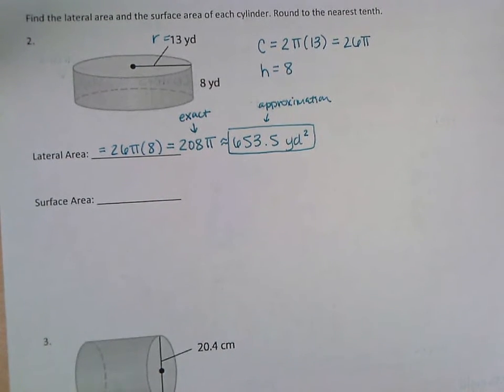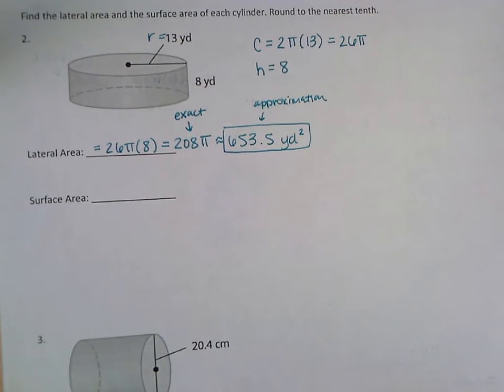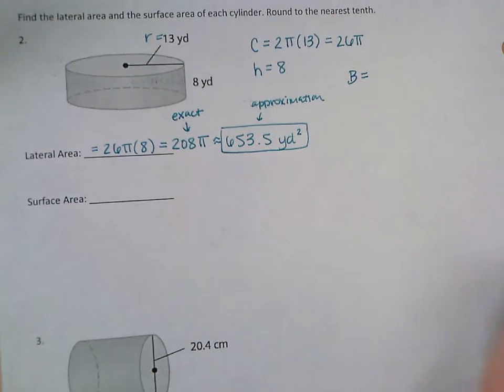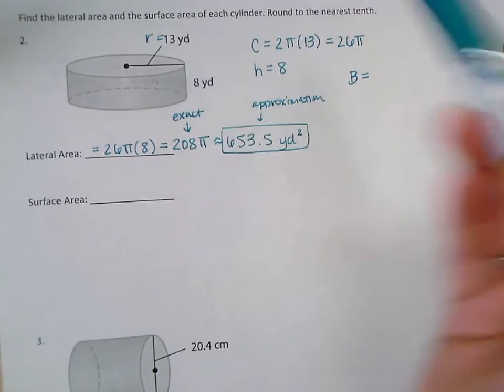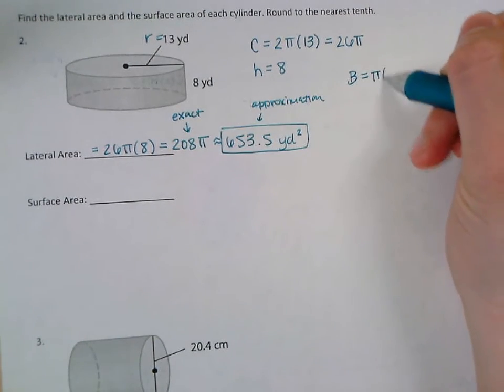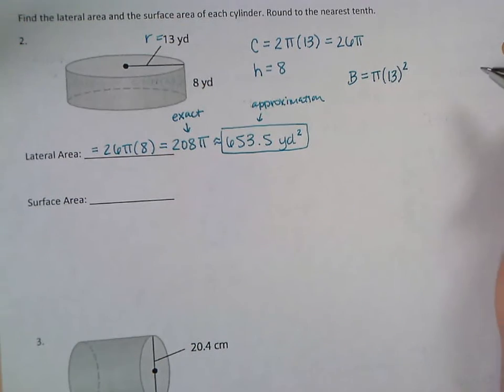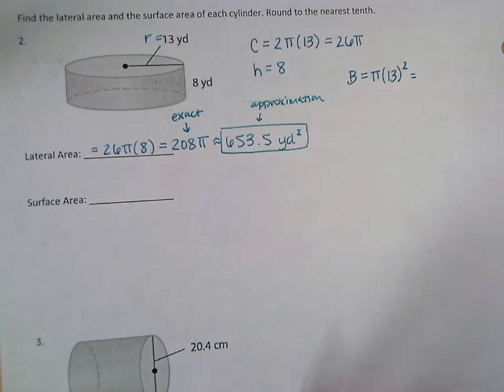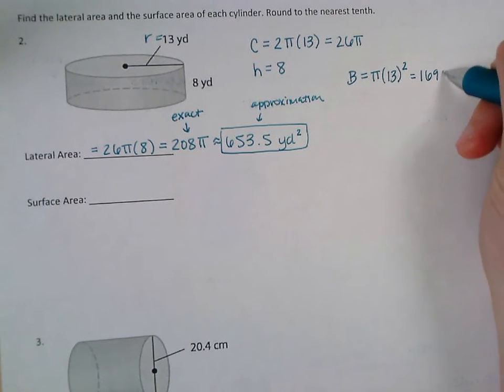So for surface area, I need the area of a base. And I already have the radius is 13, so that would be pi times 13 squared. And if I square 13, that's 169, so 169 pi.